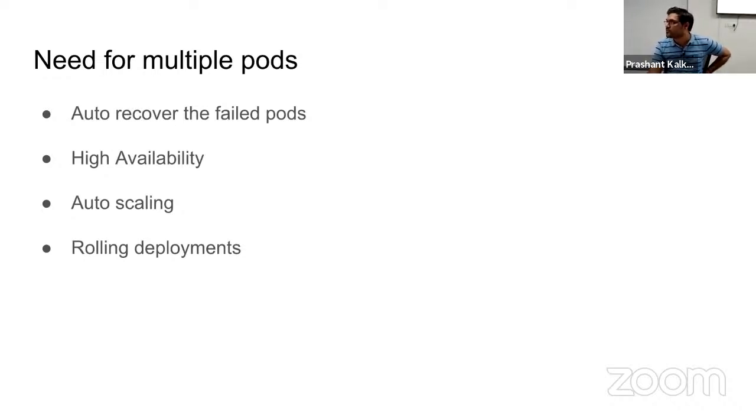One pod is not going to serve all the traffic, which is not possible. And if I am rolling out new versions of the application and I don't have multiple pods, again there's a possibility that you end up with downtime. So there are multiple reasons, but you are not going to just deploy an application with a single pod and that's it.